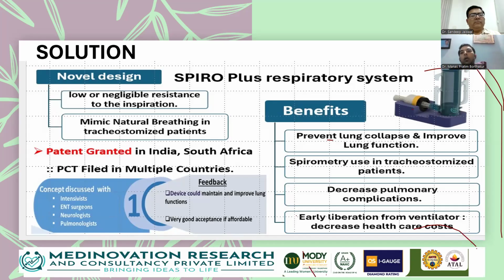So now we are integrating artificial intelligence and machine learning into this. In the next version of the device, we have put certain sensors, because as the patient will be breathing, our sensors will record the peak expiratory velocity and the forces and the pressures.